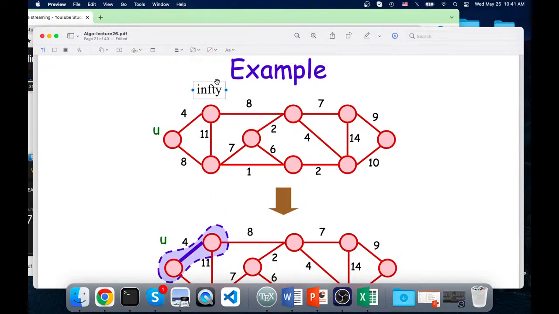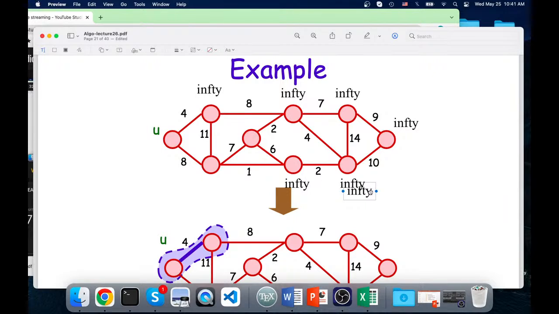So initially, every vertex is not known by the source. Give me some time. Every vertex here has a value of infinity stored in it.